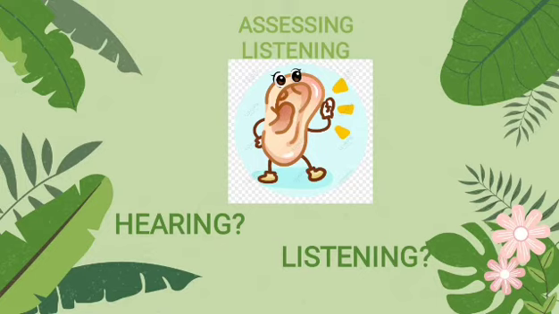Finally, we make a connection between what we think we just heard and our pre-existing knowledge of the topic. And a good listening assessment should try to copy the real life use of the language as closely as possible.